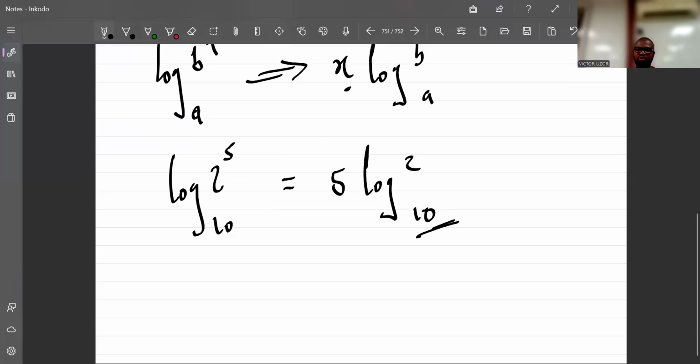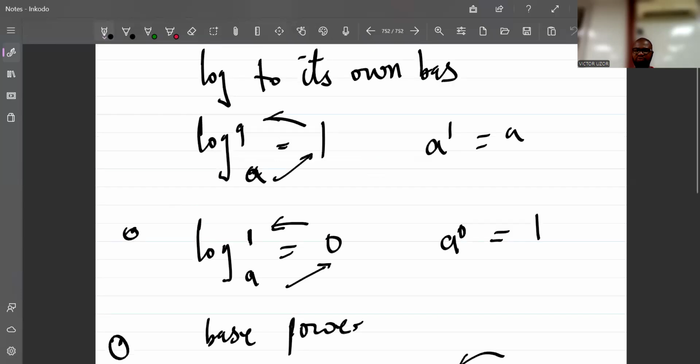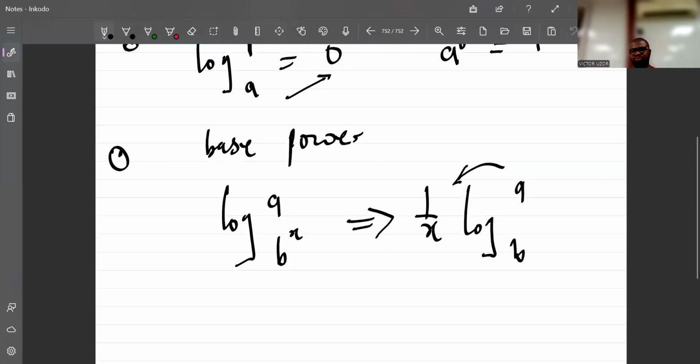Another rule again: log to its own base will always give you 1. Log 1 will give you 0, and base power will be the reciprocal, then multiplied by that particular thing.